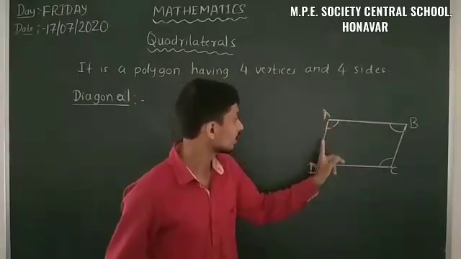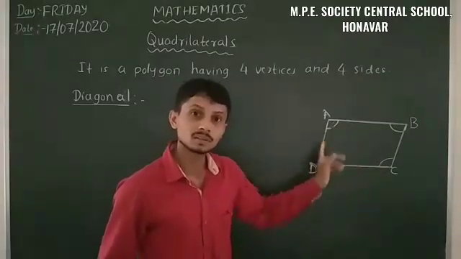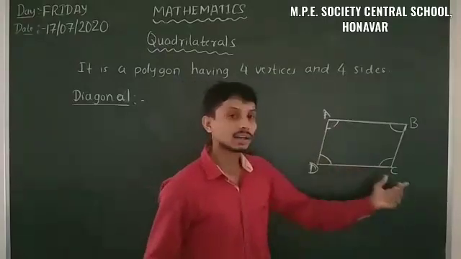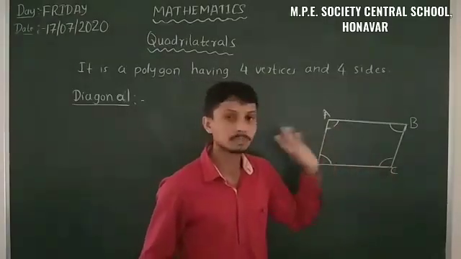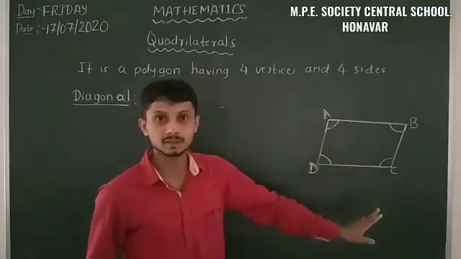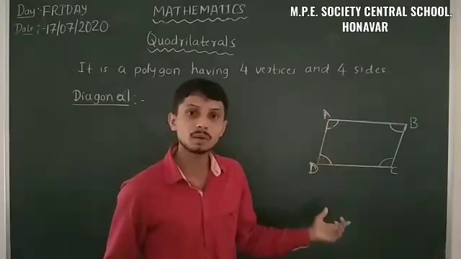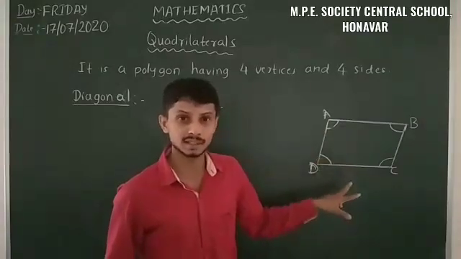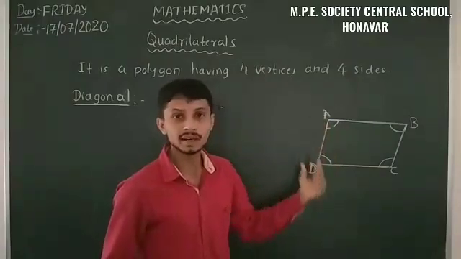AD and DC are the two sides connecting A and C, but it's not a common side, there are two sides. Whereas for A and D there is a common side AD.